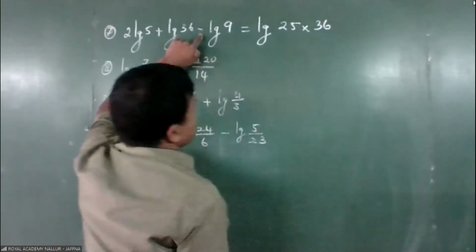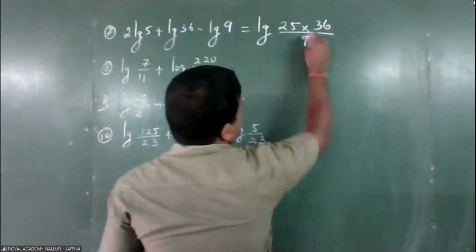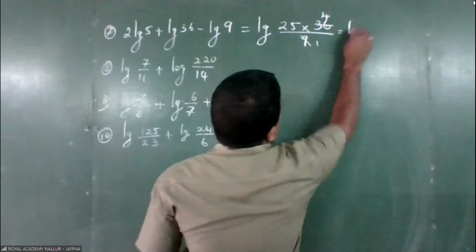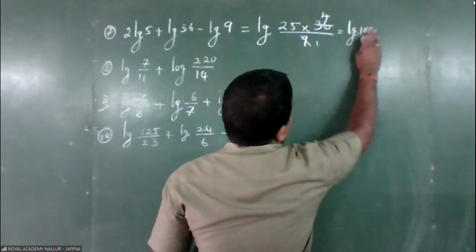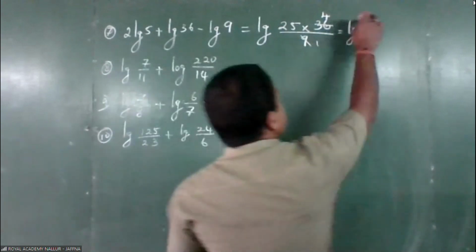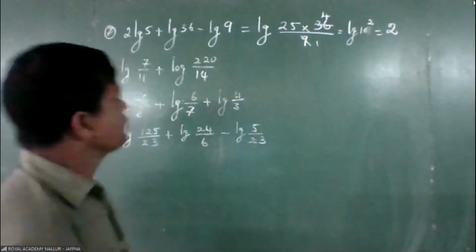Then minus makes division by 9. So 9 and 36 can be cut, 4 times. 25 into 4 is 100. 100 means that's 10 to the power 2. Then 2 comes in front.